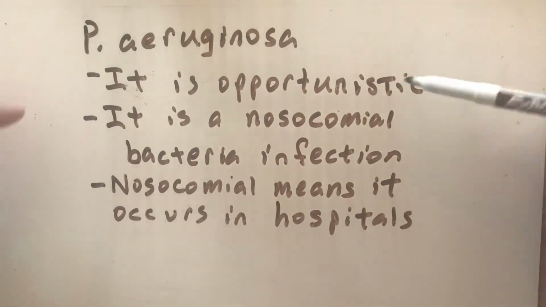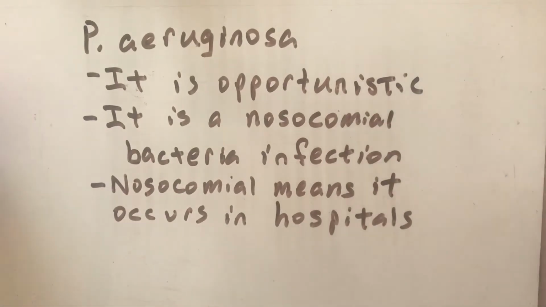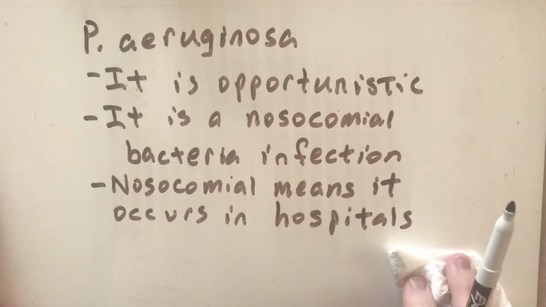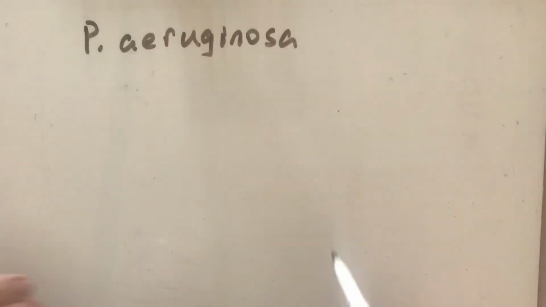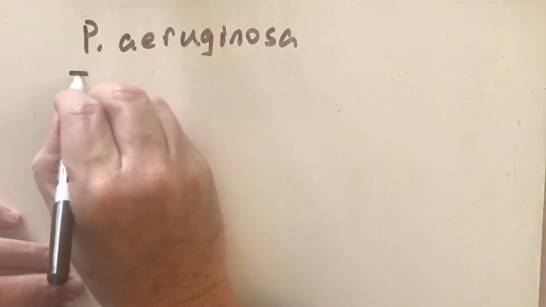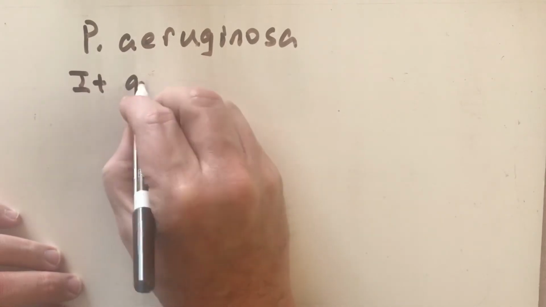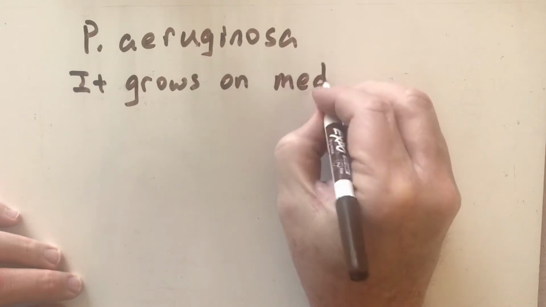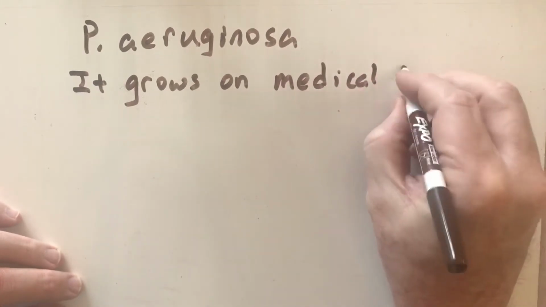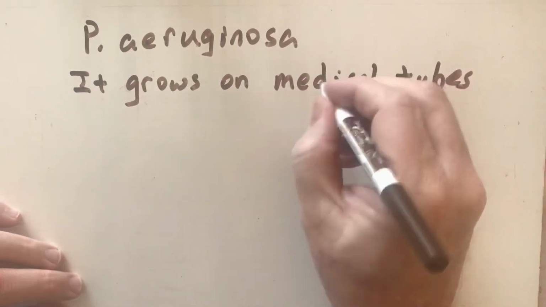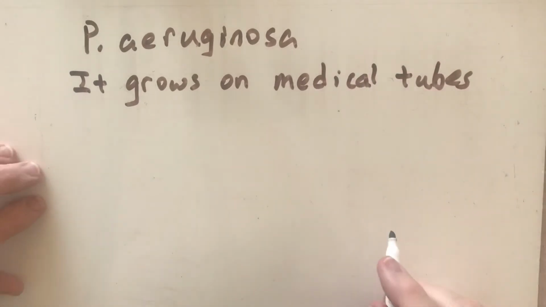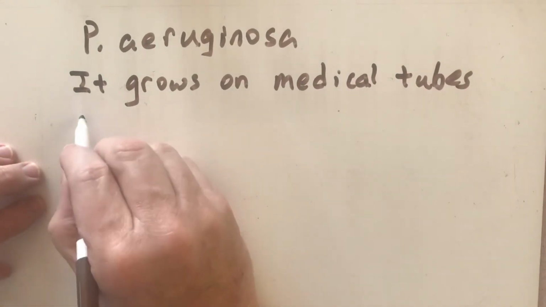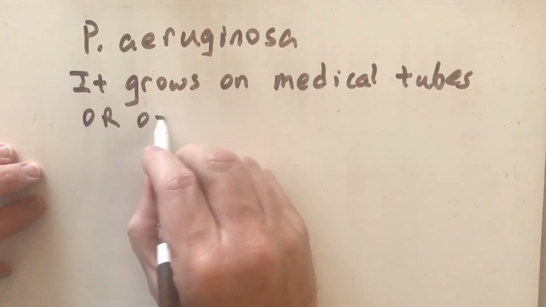So usually people in hospitals have a weakened immune system, so this is one of the places that this likes to grow. Where does it like to grow? For the most part, it likes to grow on medical tubes, or other devices that can be inserted into the body.